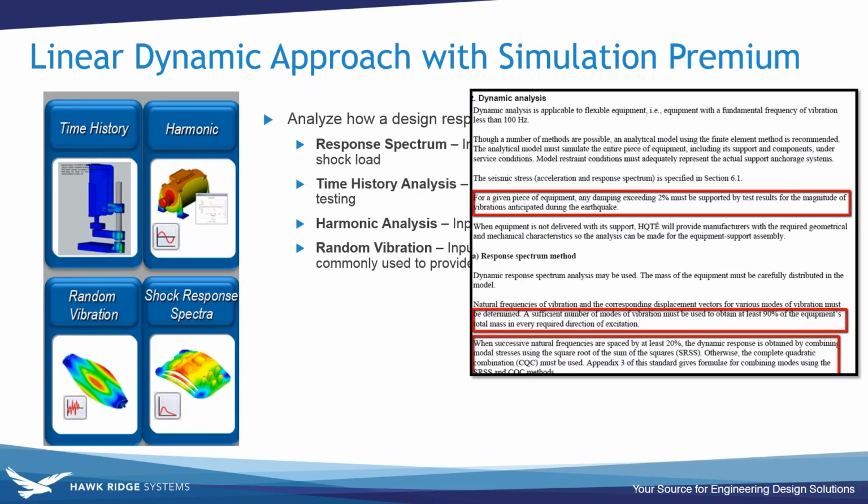Right. And if we take a look at a spec sheet again, you see that we can define it due to some sort of dynamic parameters. So in this spec sheet, it has some instructions on what the damping ratios are. That's something that we can define within our linear dynamic problems as well. It has some parameters, some instructions to make sure that we've accounted for enough modes of vibration when it runs the frequency portion of a dynamic analysis.